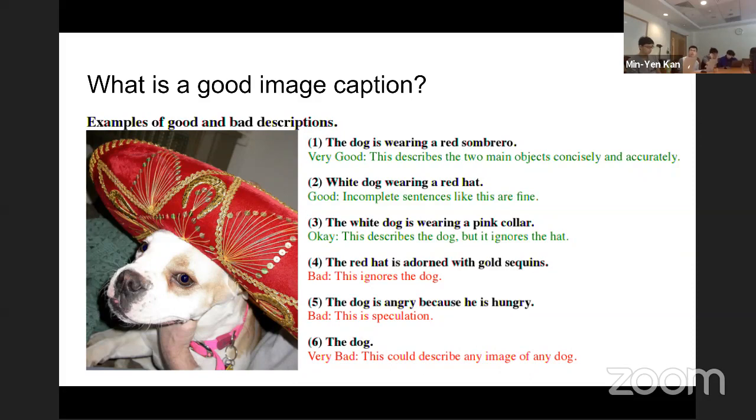For example, the fourth one completely ignores the dog, and the fifth one and the sixth one are bad and very bad. And the very good one is the first one because it describes the dog and also the hat, and it also describes the relationship between these two.